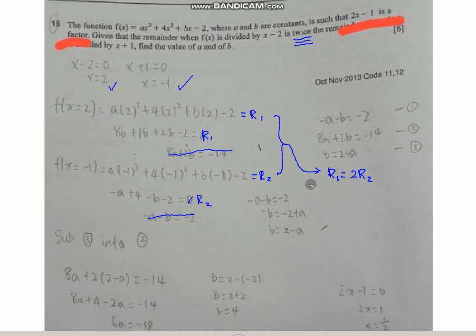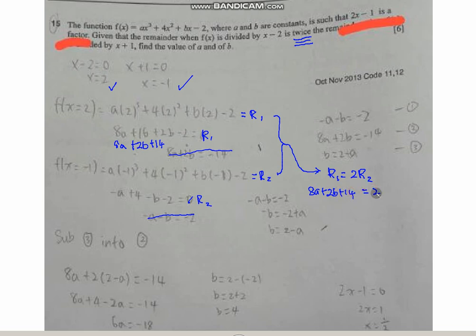R1, if you simplify this part here, it is 8a plus 2b plus 14. 16 minus 2, 14. So R1 is actually 8a plus 2b plus 14.